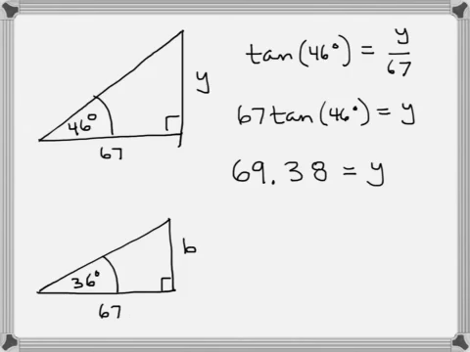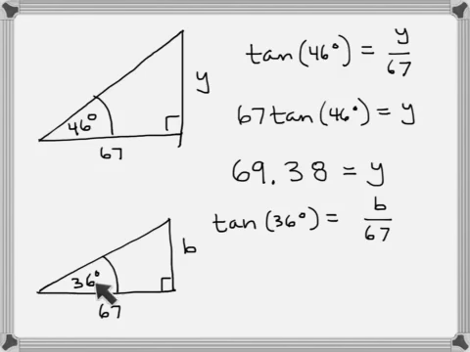Then taking a look at the smaller triangle, I have a similar situation. I have this angle 36 degrees, and again in the right triangle I have the opposite side, and here I have the adjacent side to the angle 36 degrees. So the trigonometric function again that relates those two would be tangent, or one of them at least.